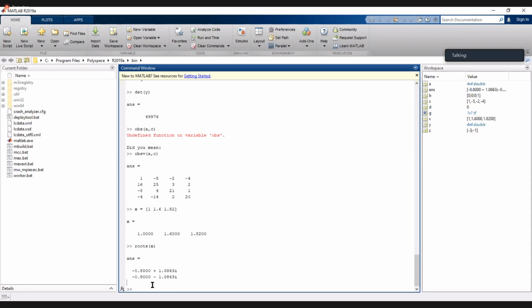So here's what I'm going to ask you to write down. Now, when we're doing this in MATLAB, we are going to write down the 3 roots.